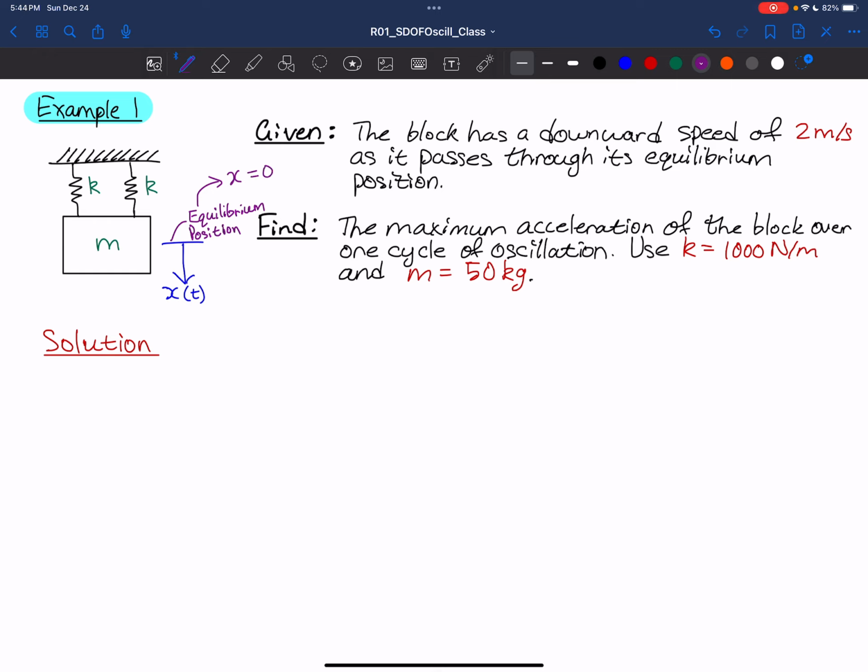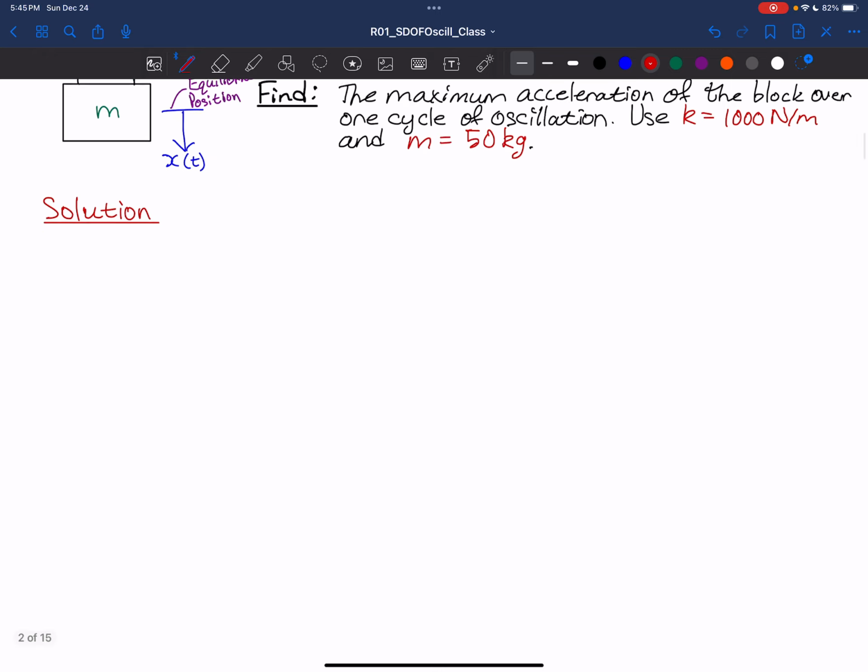So that tells us that at 0 displacement, we have a downward speed of 2 meters per second. We can now shift time and call that time our new initial starting conditions. So although we don't know the original initial conditions that started this motion, we can use the information that we're given to form a new set of initial conditions.